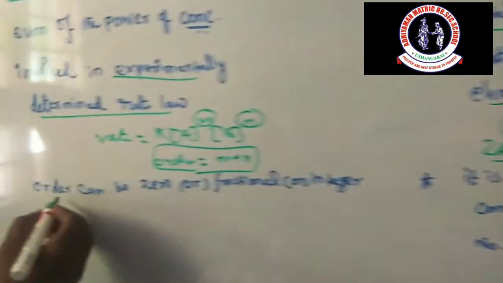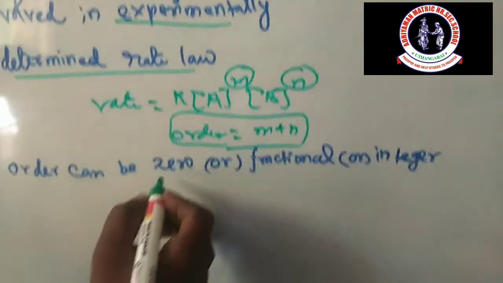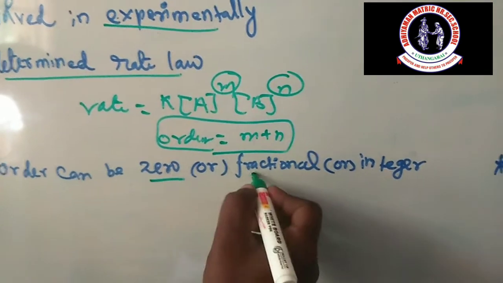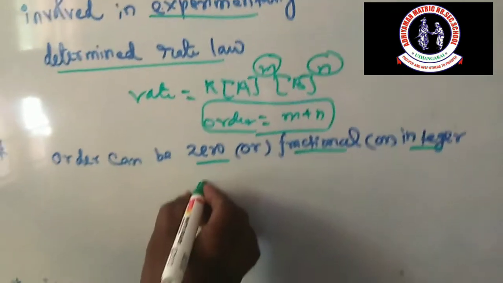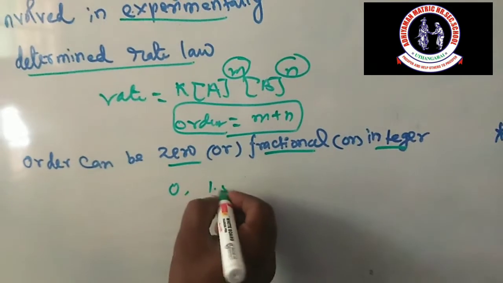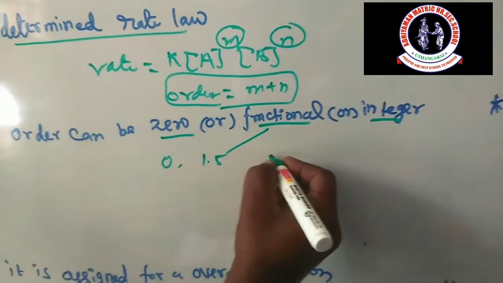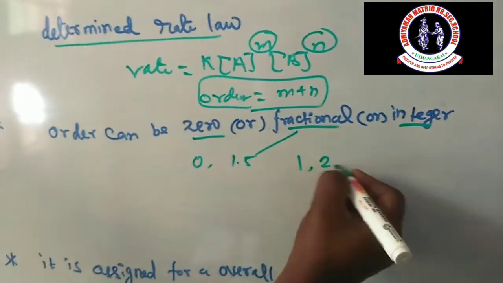Point number 2, order can be 0, fractional or an integer. Sometimes order is 0 or 1.5 fraction, or an integer such as first order reaction or second order reaction.